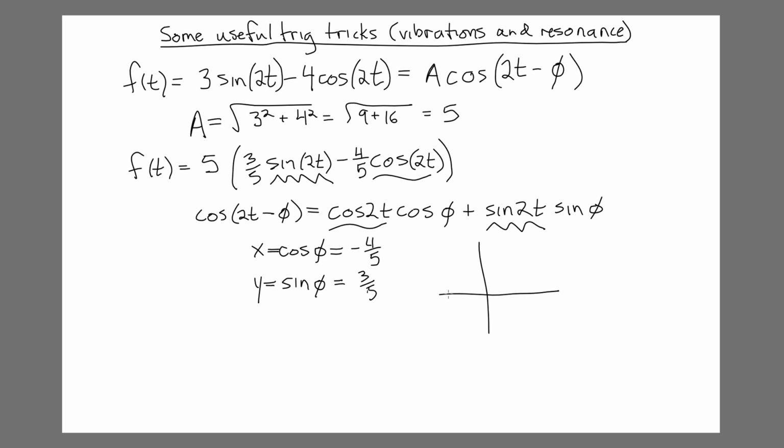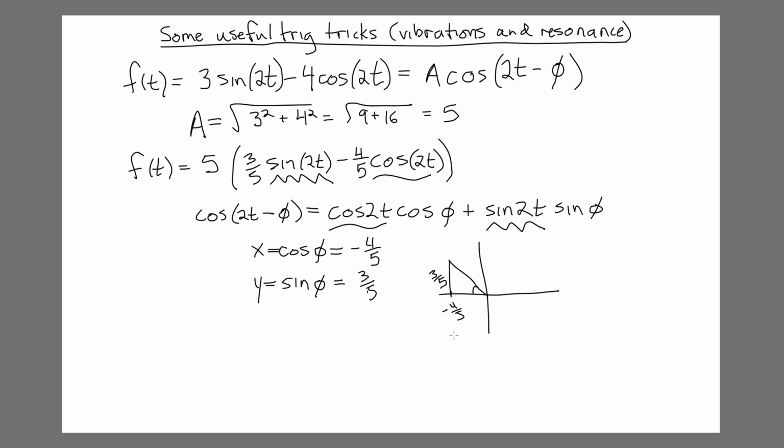So we go minus 4 over 5 in this direction, and then sine of phi is 3 over 5, that's positive, so we go up in this direction, and we draw our hypotenuse there. We know that this height here is 3 over 5, and this line segment here, the coordinate of the endpoint of it is minus 4 over 5, but the length of it is 4 over 5. So this is a scaled down version of a 3, 4, 5 triangle.